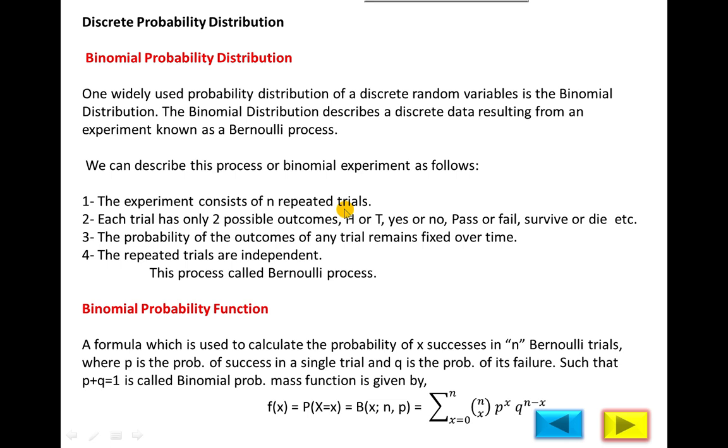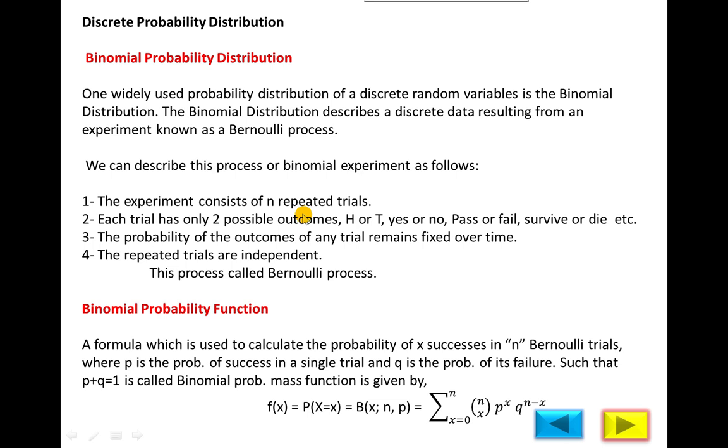If you throw a coin three times, there may be 0 heads, 1 head, 2 heads or 3 heads, and so on. You can use the binomial probability distribution for this example, which you have solved many times. You can find the probability with the help of the binomial probability distribution.